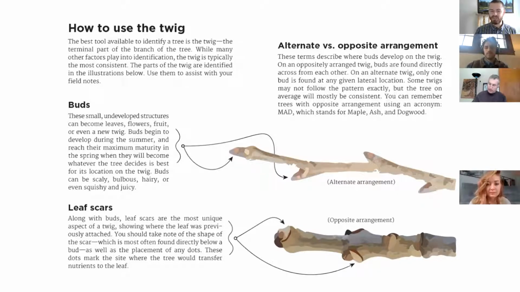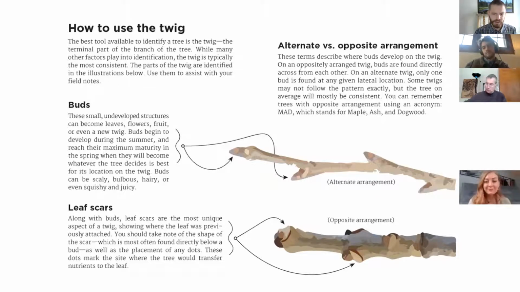If it's not getting a lot of sunlight, but it's in a really showy location where pollinators might have great access to it, it will become a flower bud and a fruit bud. Buds also turn into new twigs as well. So those are the three major ways that a bud can develop. And on some trees, you can actually tell what the bud is going to turn into if you're far enough into its development.